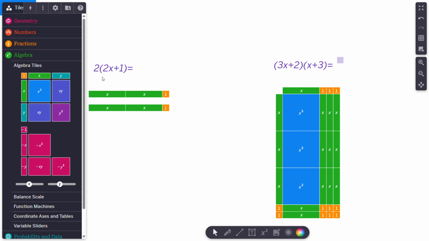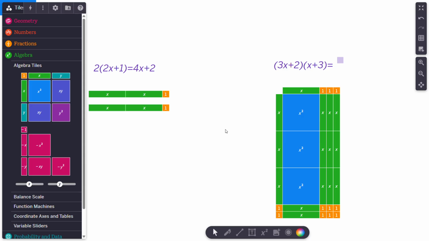Using the distributive property, essentially you have 2 times 2x and you have 2 times 1. So using algebra tiles, you can just count. You have 1, 2, 3, 4 x's, so 4x, and then you have two positive numbers, no zero pairs. So the answer to that is 4x plus 2.